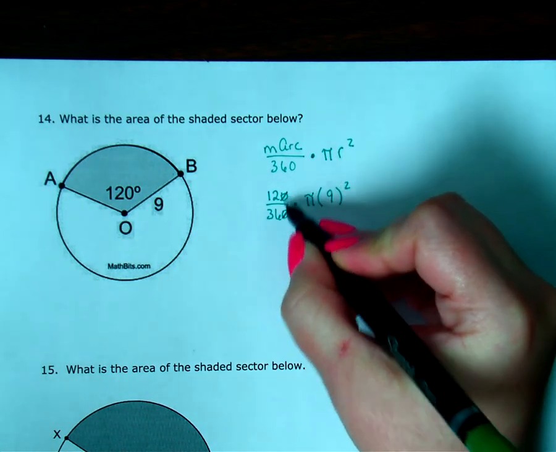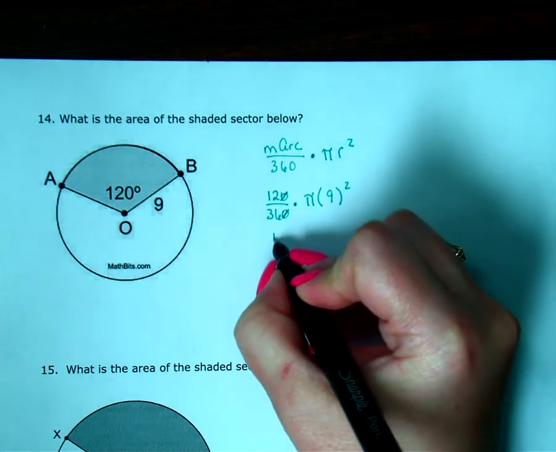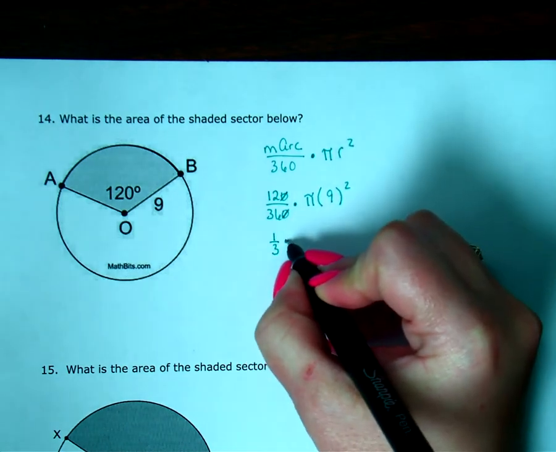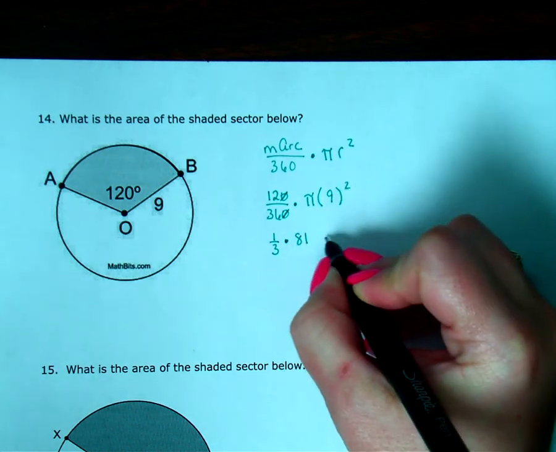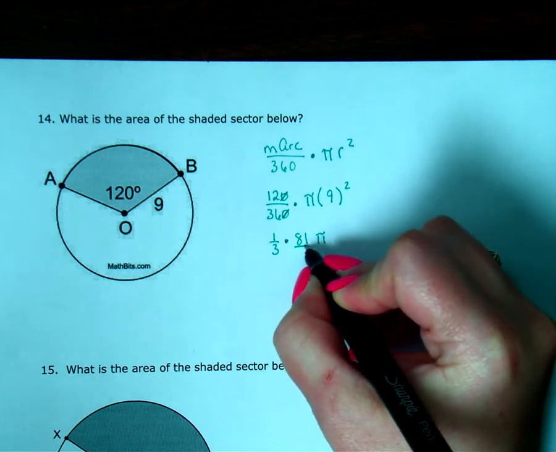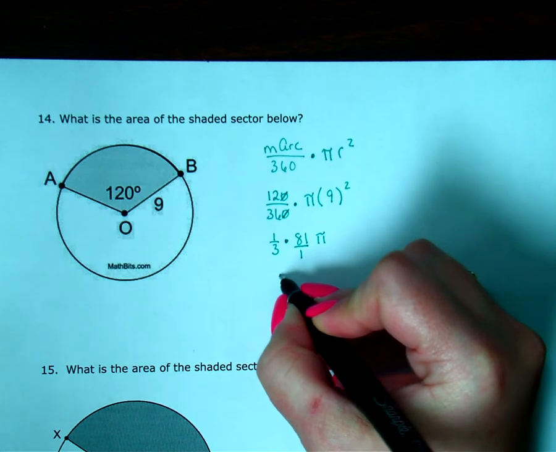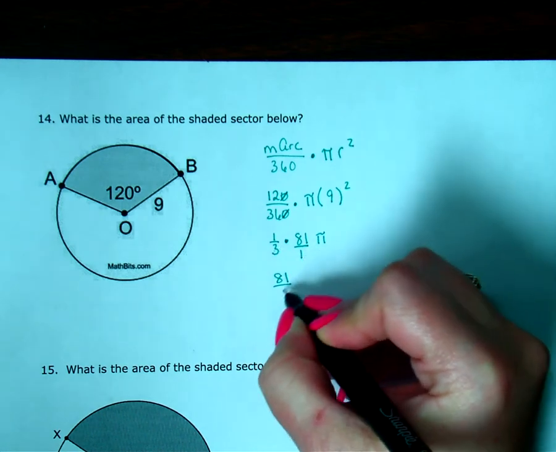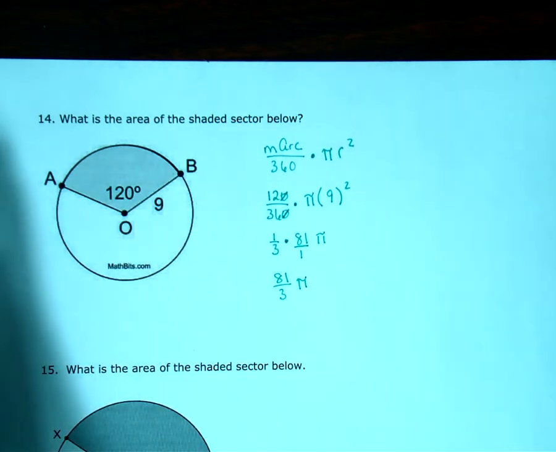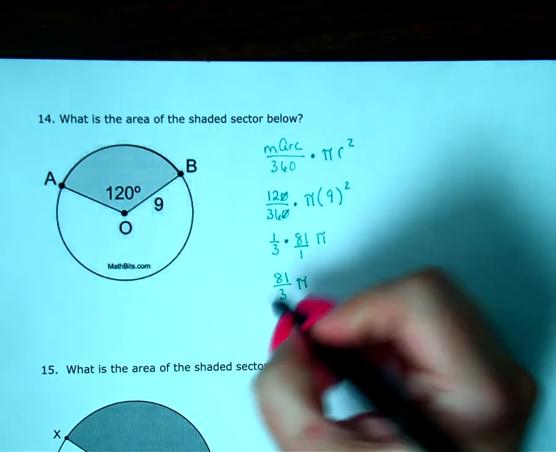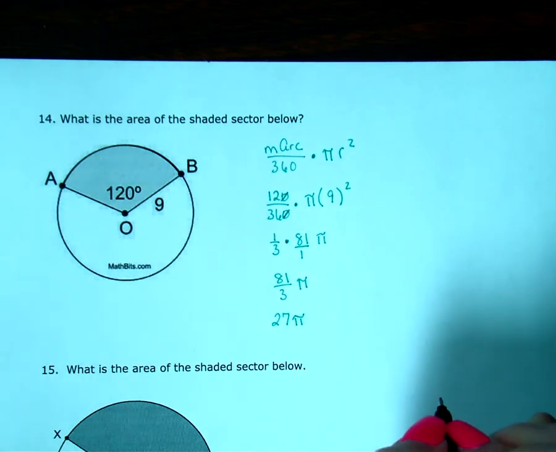Okay, now those are going to reduce by 10 for sure, and then 12 goes into 36, so this is really 1/3 times, and then I'm going to do this square here. 9 times 9 is 81 pi, and I'm going to think of this as 81 over 1, so I can just multiply straight across. 1 times 81, 3 times 1, pi. Now 81 is divisible by 3. 81 divided by 3 is 27. That is my exact answer.